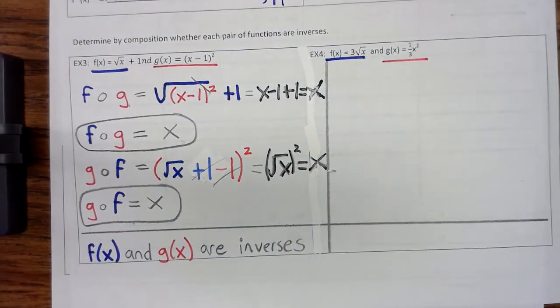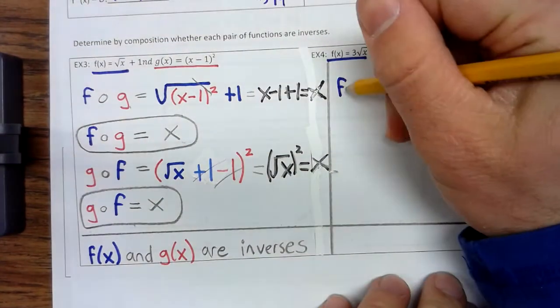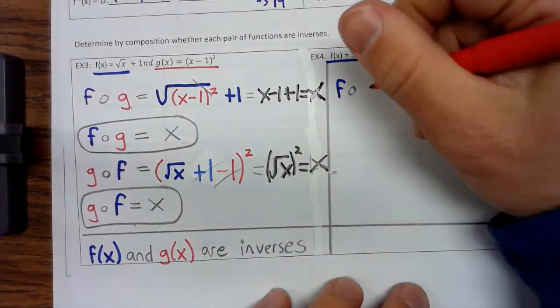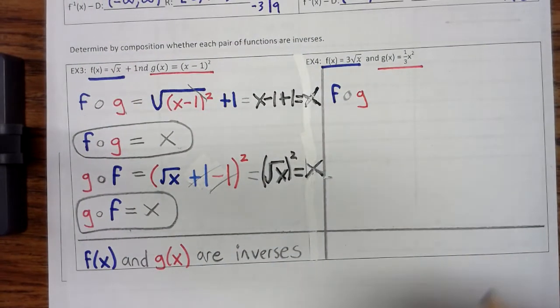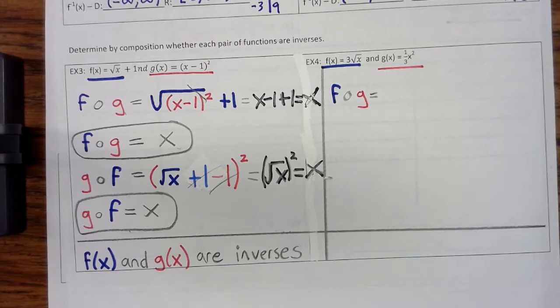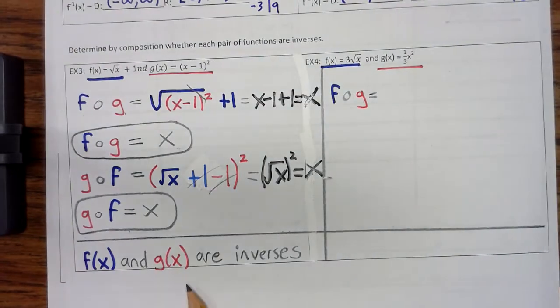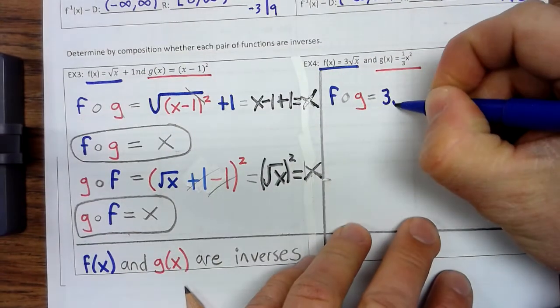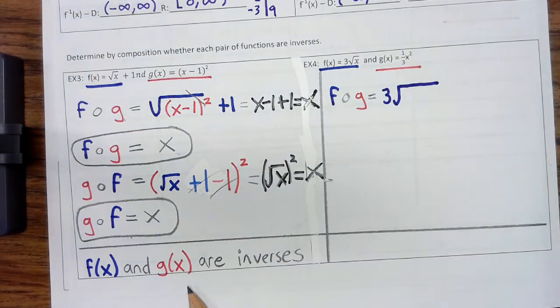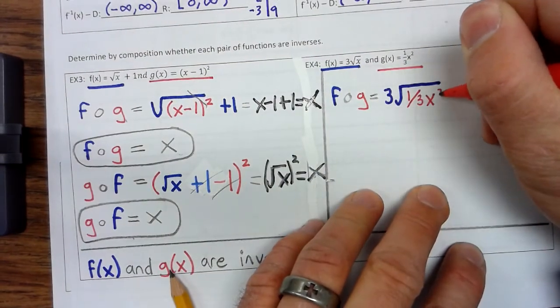All right. So now we're going to do f of g equals, so this is we're going to put g of x into f. So that's 3 times the square root of 1/3 x squared.